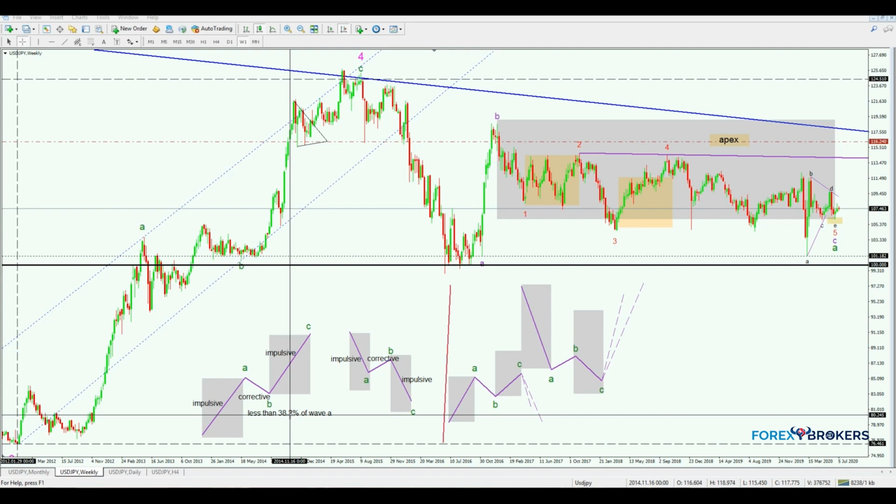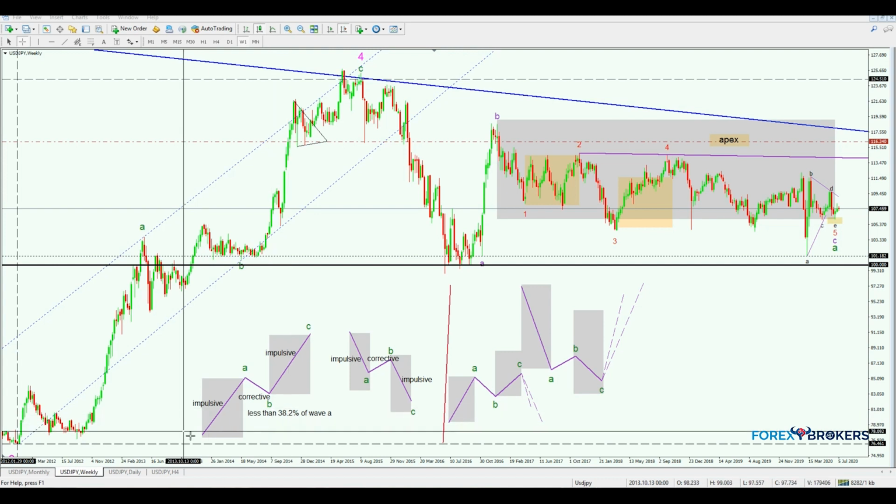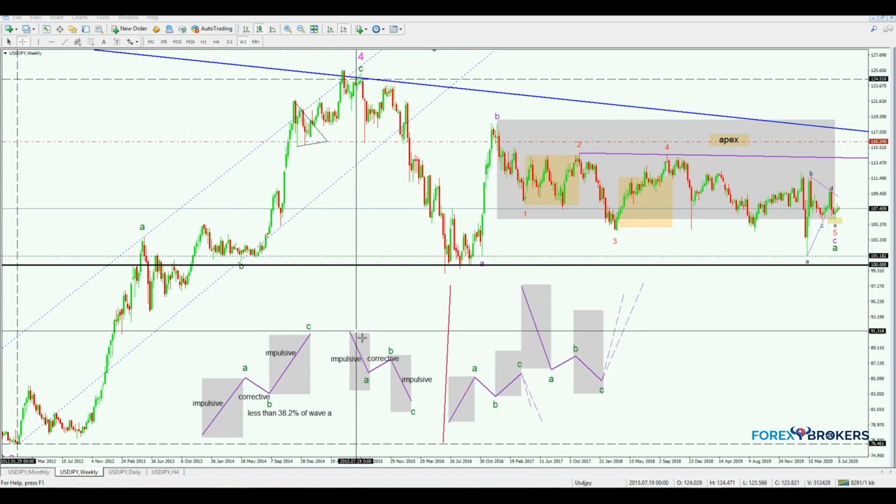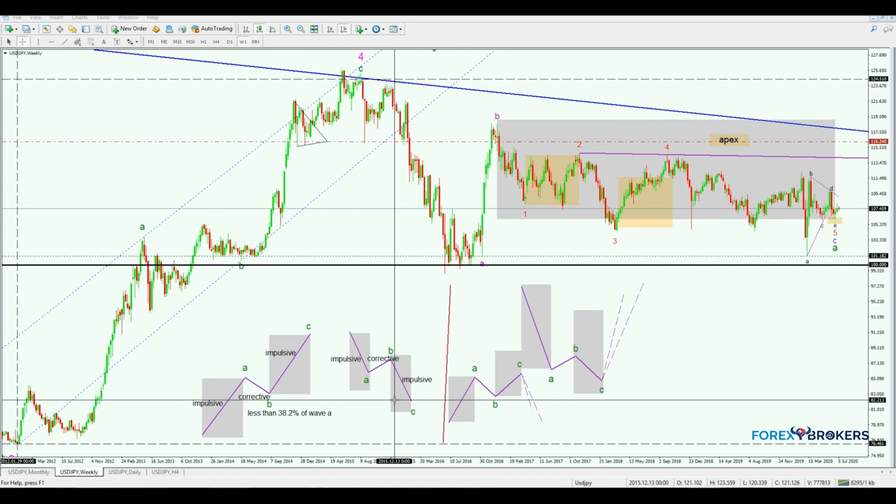The more you see the B wave retrace beyond 38.2 and into the 50% and so on, the more questions you should have about the validity of this zigzag. It can either be a rising zigzag or a falling one, it doesn't matter, the rules are the same.